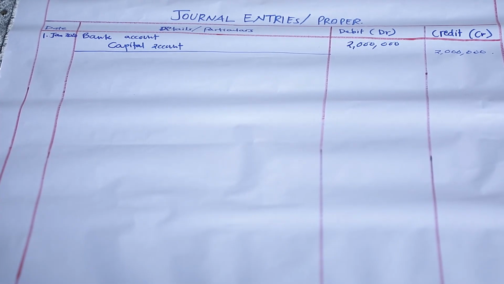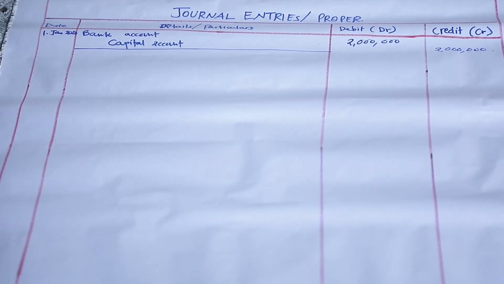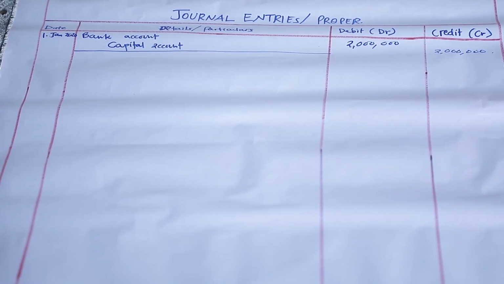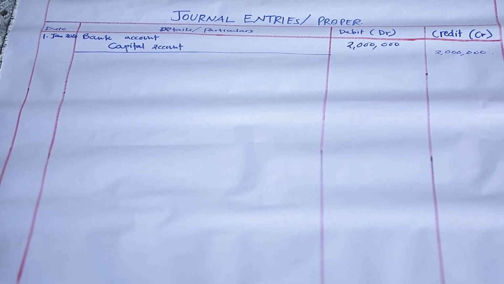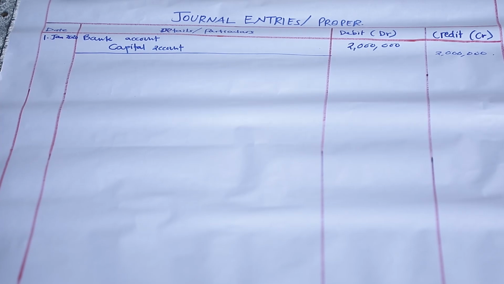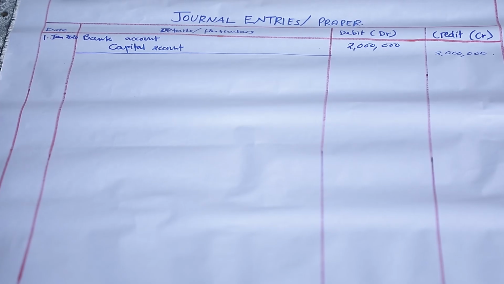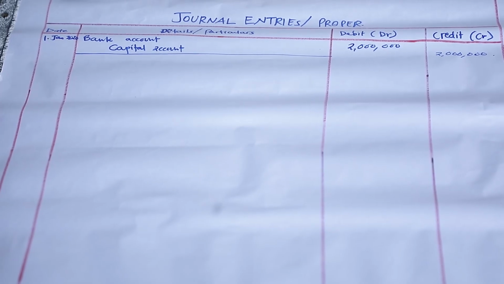So machine account, machine is a real asset, and it falls in the category of the real account. So when you go by the golden rule, for a real account, you're going to debit what comes in, and machines were purchased. So machines are of debit nature, and we're going to credit Alpha account or accounts payable, because these are liabilities and have a credit nature.